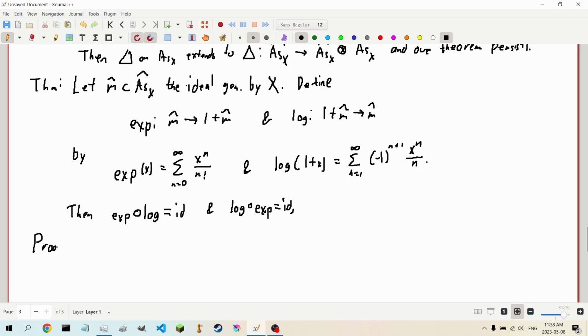And proof. So we're going to show that exp log is the identity. Okay, we're going to let y be in M hat.